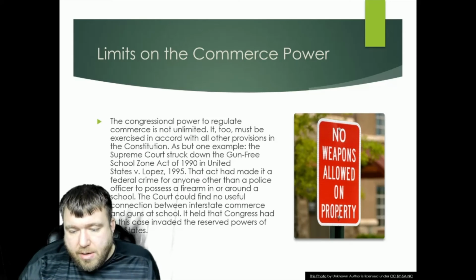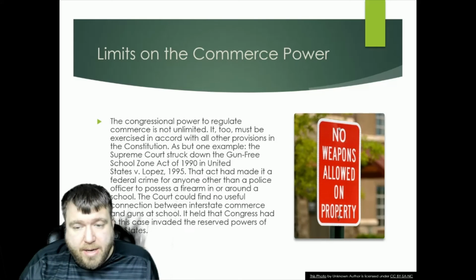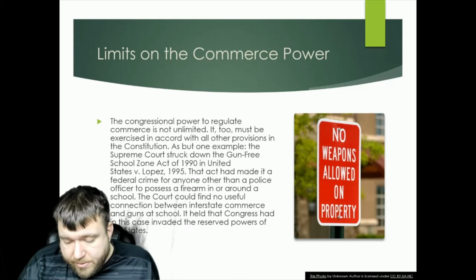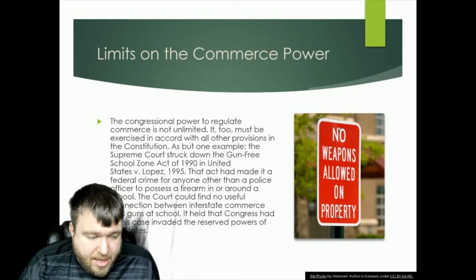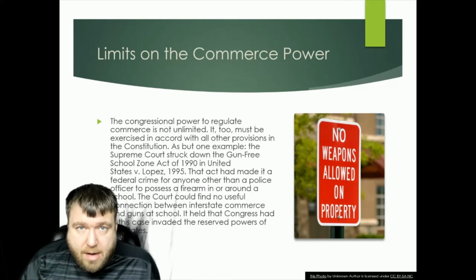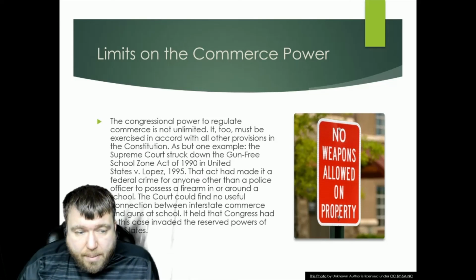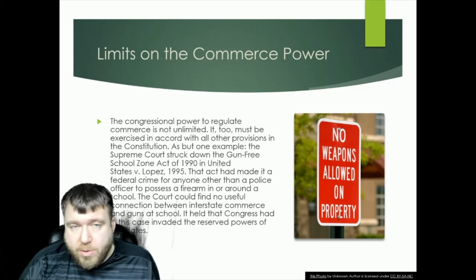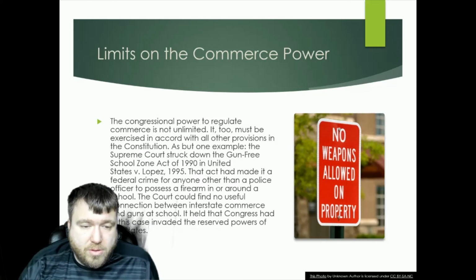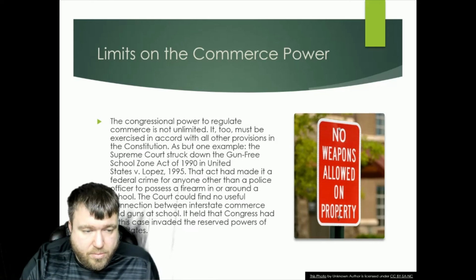They said that it was an overstep of Congress's power and that the decision should be made by the individual states. Now, in West Virginia and many other states, you can't carry a gun to school unless you're a police officer. That's in effect. But this Supreme Court case said that that was the state's decision and not the federal government's decision. So that is why they overturned that act.